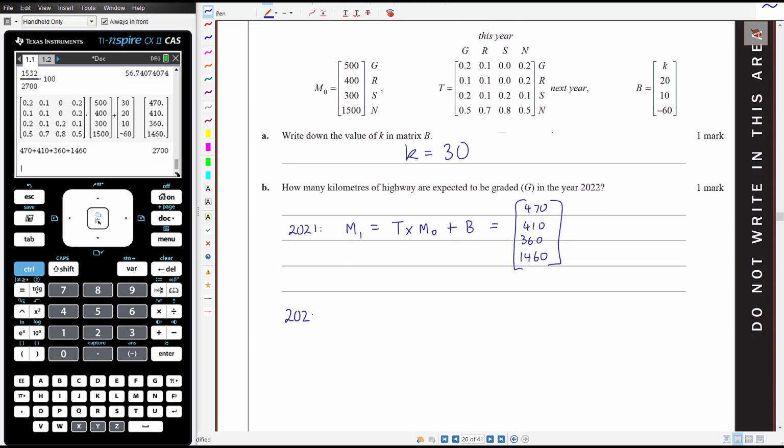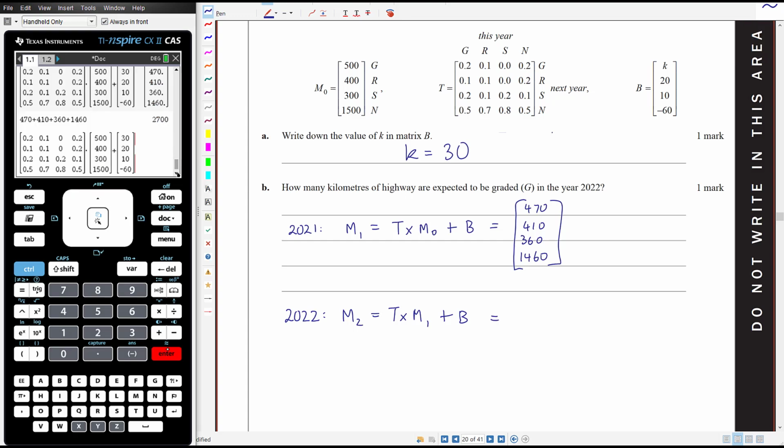We want 2022, so we now need to calculate M2, which is the transition matrix times M1 plus B. Okay, so we want to do this same calculation that we did up here, except we want this matrix to be replaced by this one, which was M1.